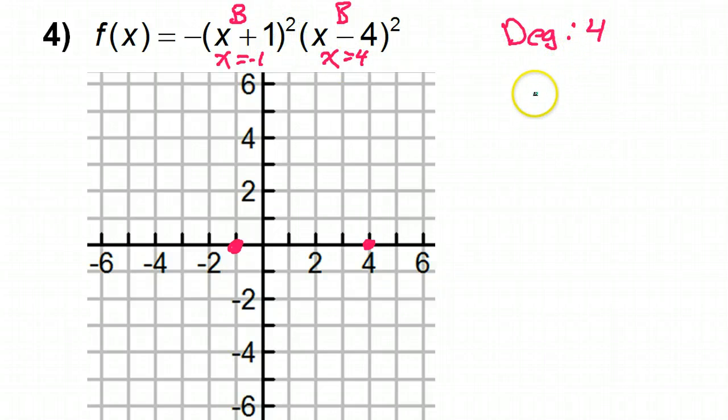So that's even. So that tells me it's going to have the end behavior like a parabola. Because it's negative, it's going to have the end behavior of an upside down parabola. So the end behavior will be like this, both sides pointing down. So that tells me to start off from low, and then I need to bounce and bounce again.